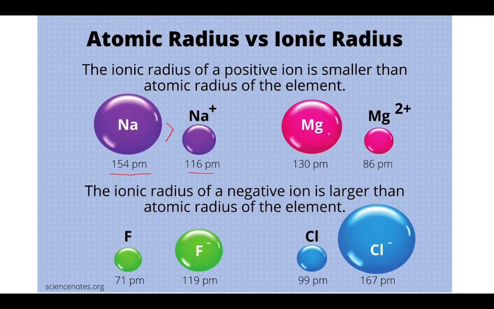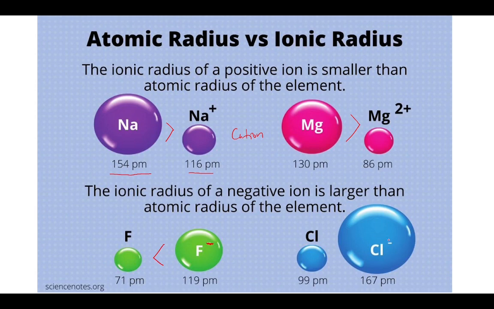The same thing happens to magnesium. The magnesium neutral atom is larger than Mg2 plus, or Mg2 plus is smaller than Mg. This is a cation, so a cation is smaller than its neutral atom. Fluorine neutral, when it is negatively charged, becomes larger.